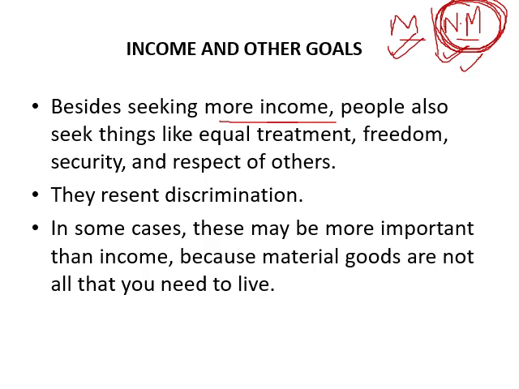Now, besides seeking more income, people also have different kinds of agendas. They need good treatment, good health facilities, they want freedom, they need good security, they need respect for others, and they also want others to respect them.